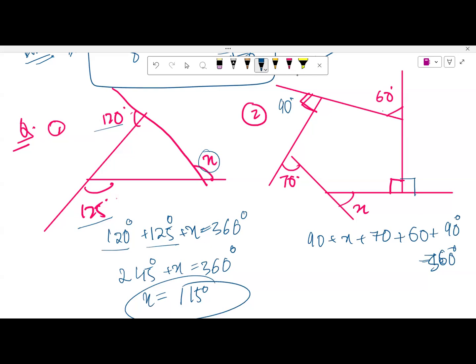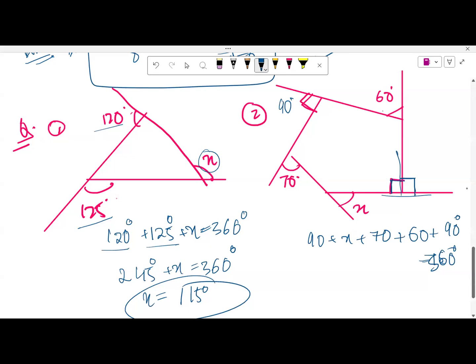Why are they supplementary? Because adjacent angles. Are you talking about this one and this one? Yes, ma'am. How come they are adjacent angles? They are opposite. They are a linear pair. On a straight line, you have a transversal.